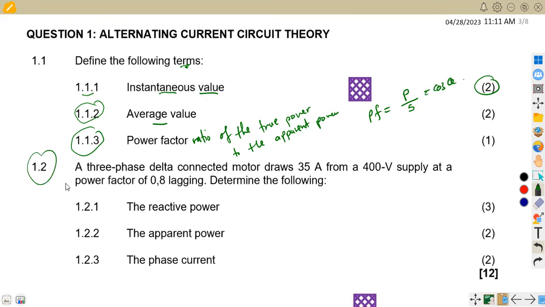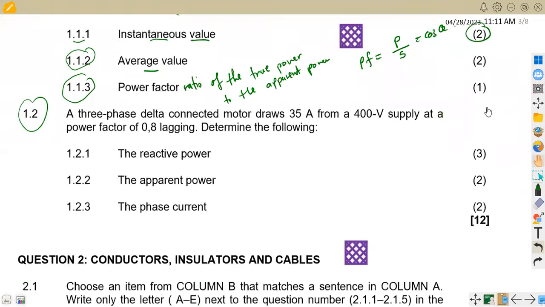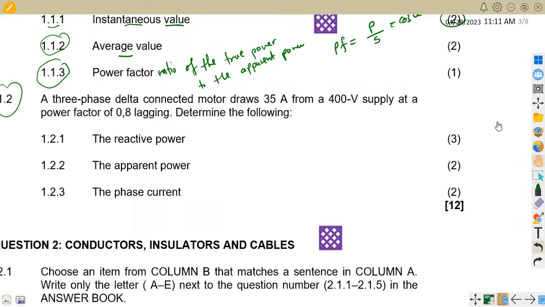All right, on 1.2, we are given a 3-phase delta connected motor which draws 35 amps from a 400 volt supply at a power factor of 0.8 lagging. Determine the following.